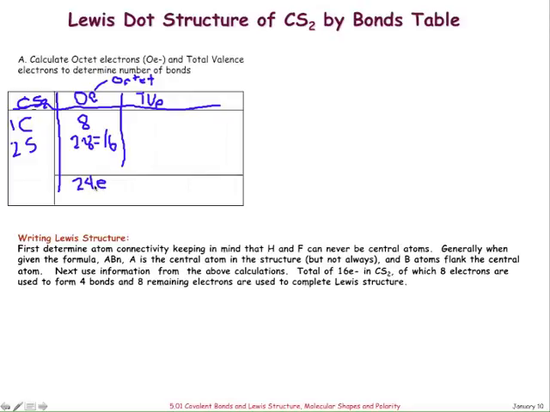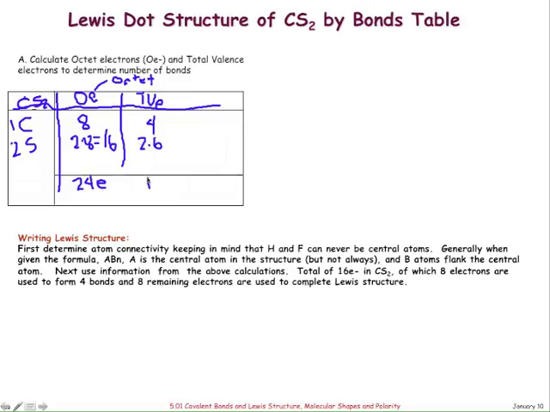Carbon is coming in with only 4 valence electrons. Sulfur is coming in with 6. We don't have 24. But in a perfect world, we would have 24 electrons to satisfy the octet rule. In reality, we have 4 for carbon and 2 times 6 for sulfur.